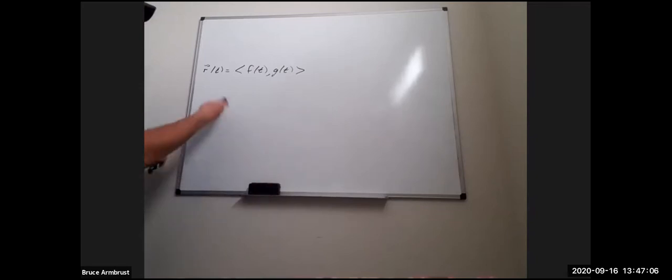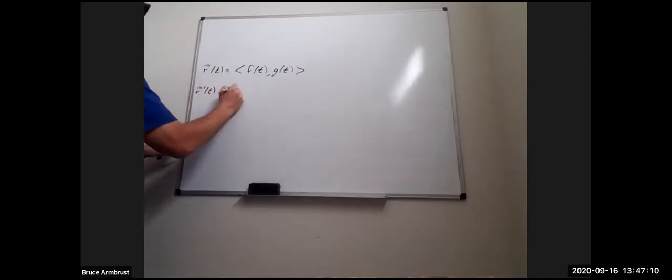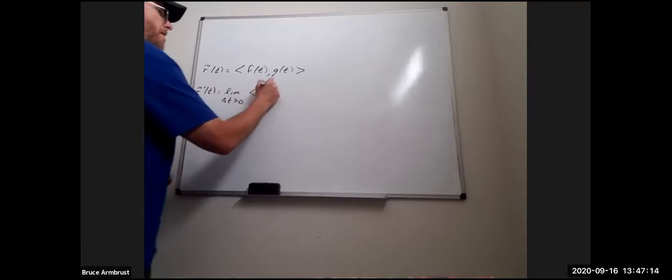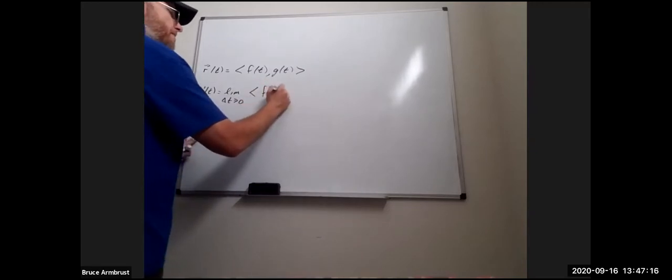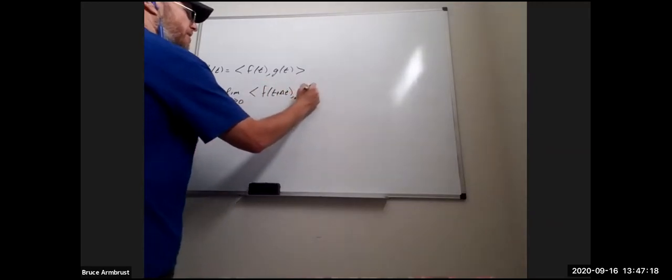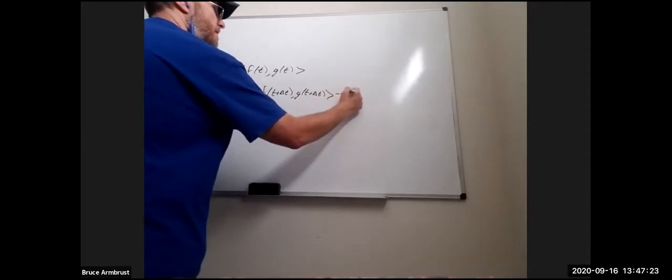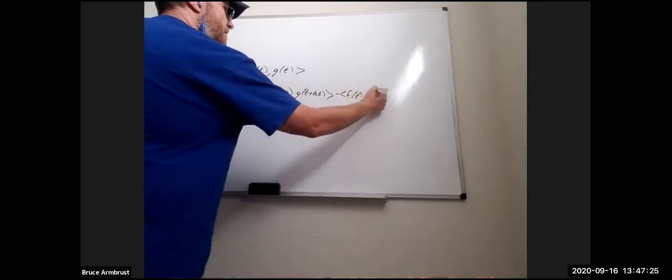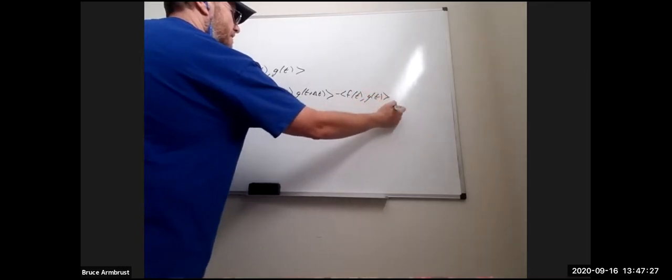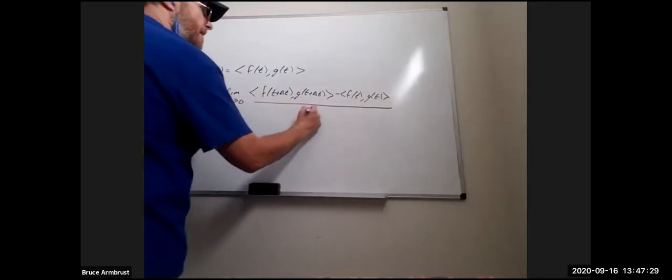So let's go to that limit definition. R prime is going to be the limit as delta t goes to 0 of f of t plus delta t, comma, g of t plus delta t, minus f of t, comma, g of t, all divided by delta t.